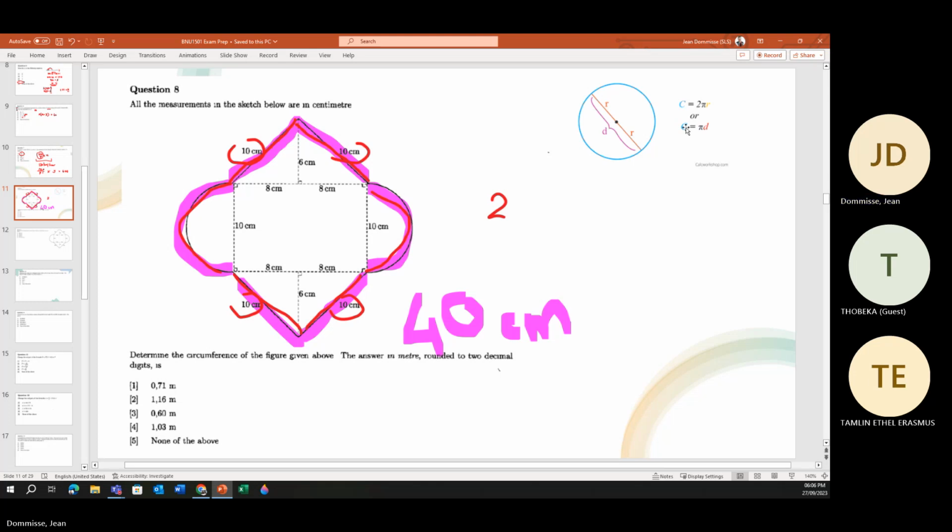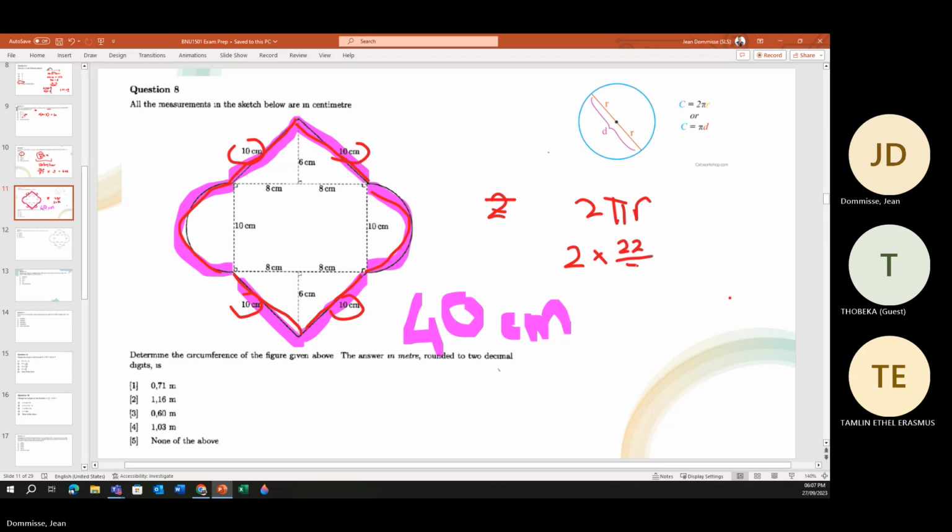So circumference of a circle is 2 pi radius. So if it was half a circle, it would have just been pi radius. But because we actually want the full circle, we can keep the 2.